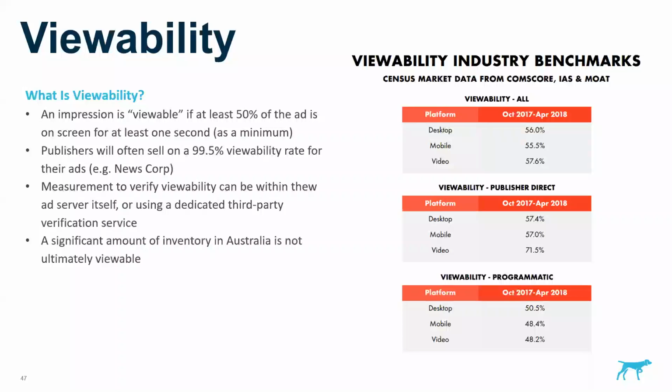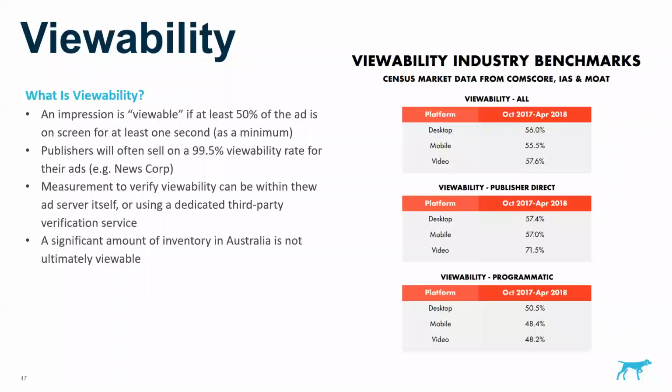So if you buy some of their inventory, they'll say your ad is definitely going to show, and as soon as your ad is loaded, it'll be viewable. There's also measurement to verify your ads are viewable within the platforms themselves, or you can pay to have a third-party company come in and verify whether they are being properly viewed.